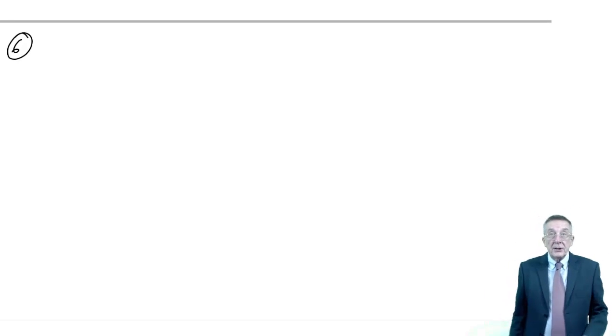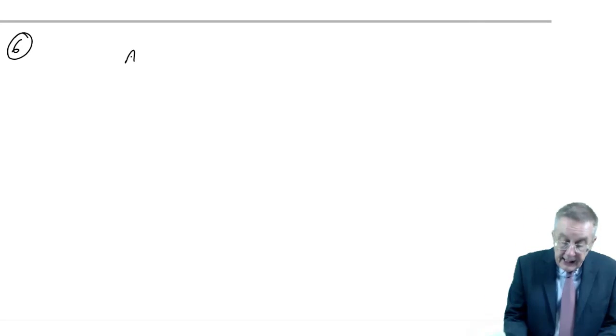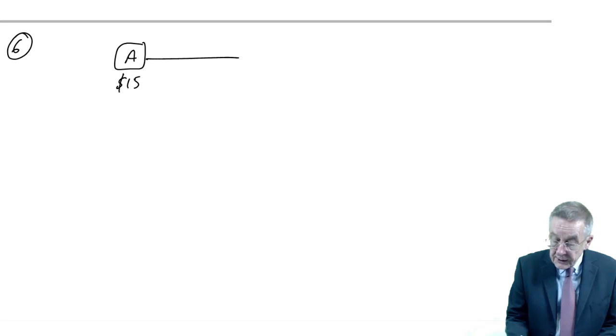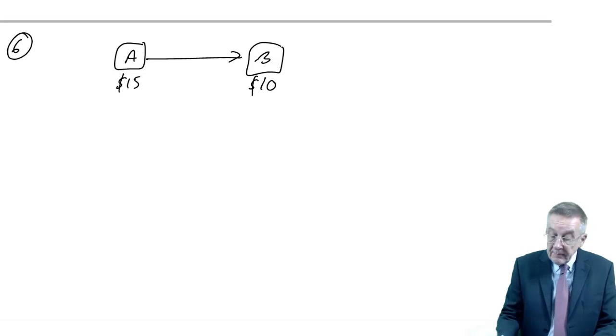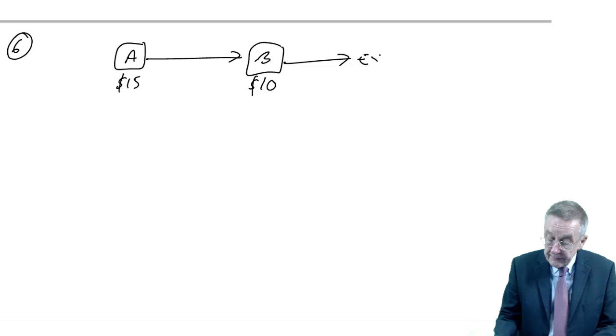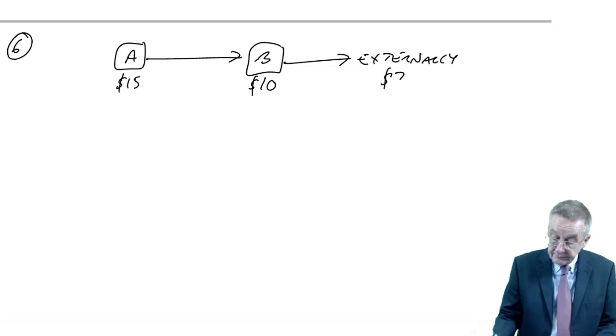It looks identical, as you'll see, but there's one change in wording which is critical. A has costs of 15 a unit. They transfer to B, which has its own costs of $10 a unit, and B sells externally for 35.